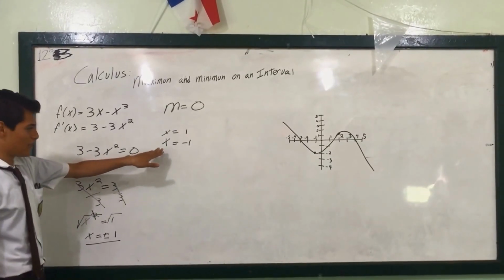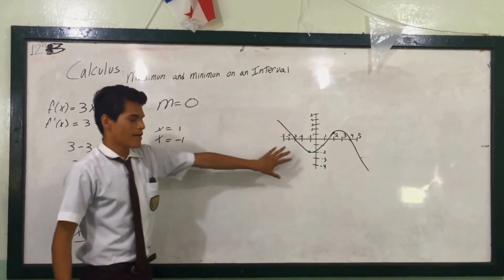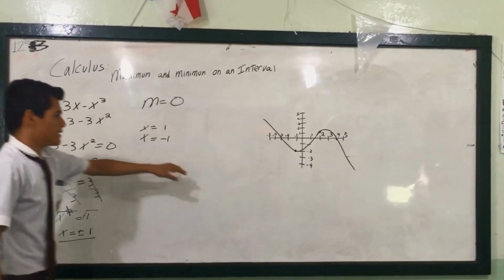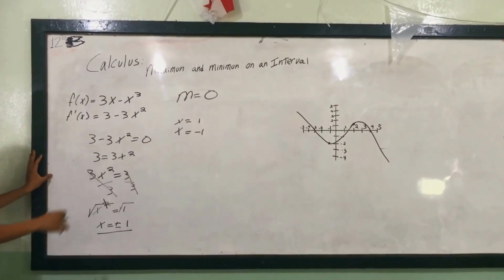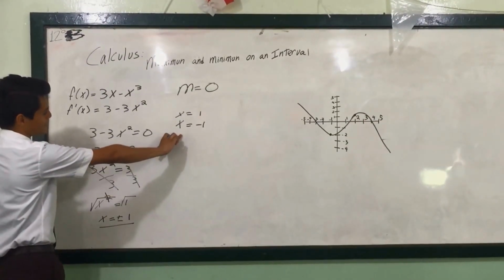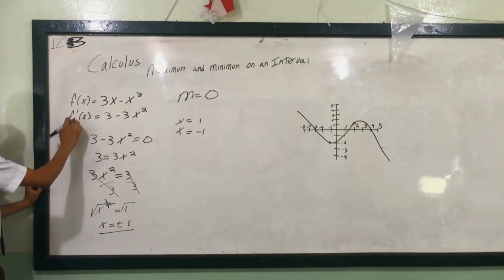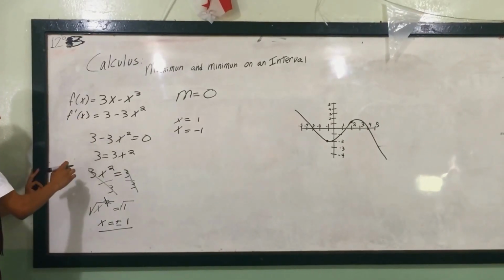After I have those values, they are very important, so I can graph my interval. Now, when I know the value of x, I can substitute it into the f prime in each equation.